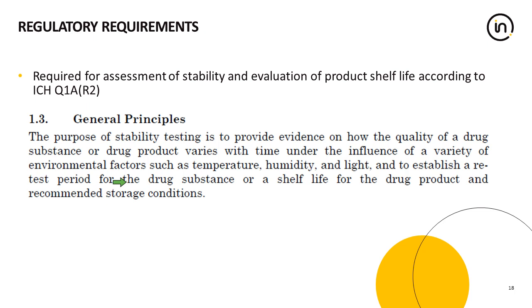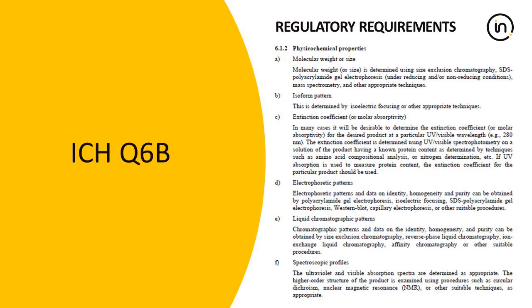So that's another requirement for going for all of these tests. If you look at ICH Q6B, it requires assessment of spectroscopic profiles by UV, circular dichroism, NMR, or any other suitable technique. There is therefore a need for characterization using as many analytical procedures as possible.